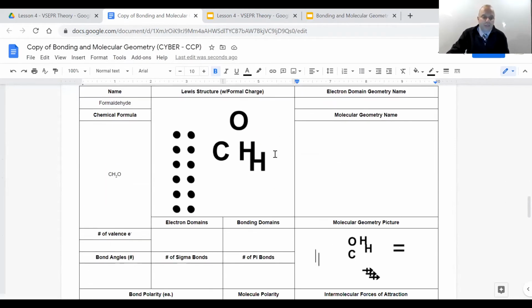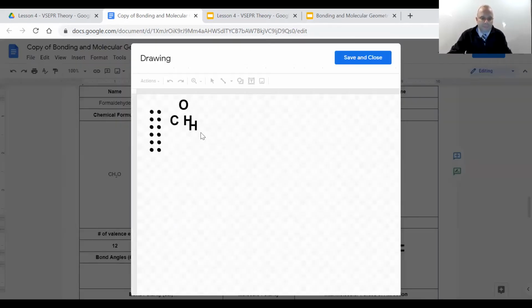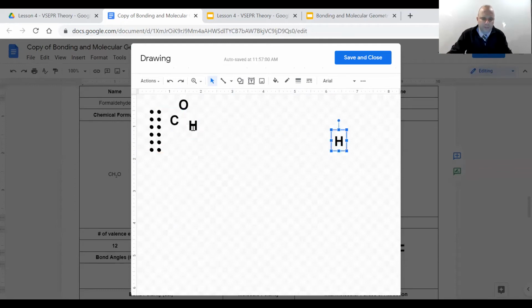Let's look at the third problem. So in the third problem, we have a total of 12 electrons. I'm going to drop that in there. So now, let's see. I'm going to move our hydrogens and our carbons around here. And our oxygen.